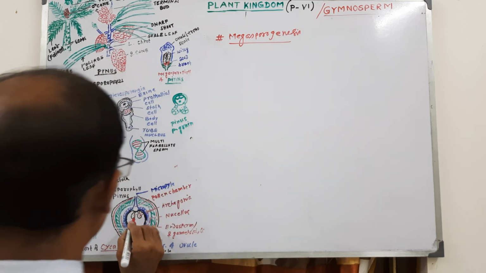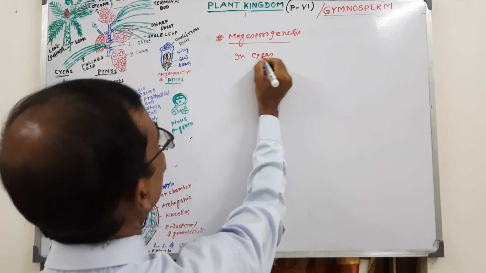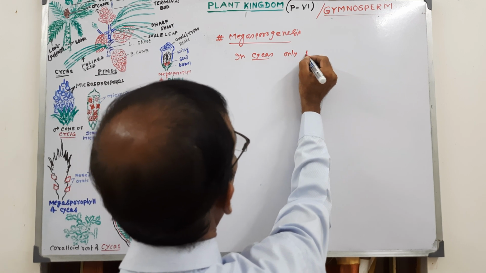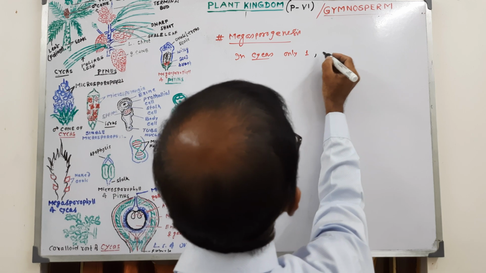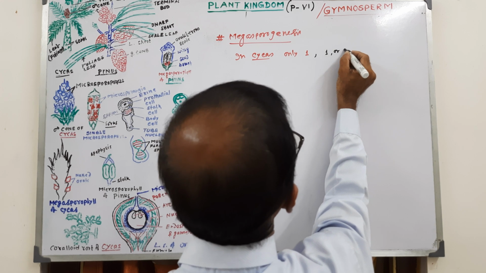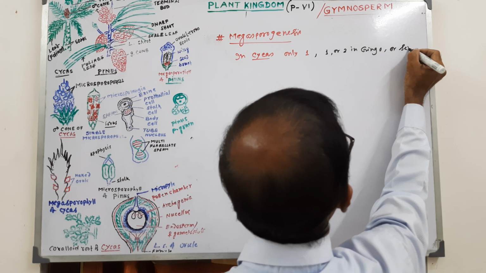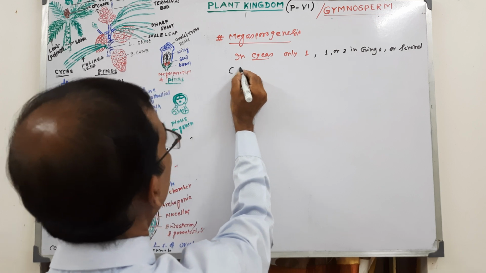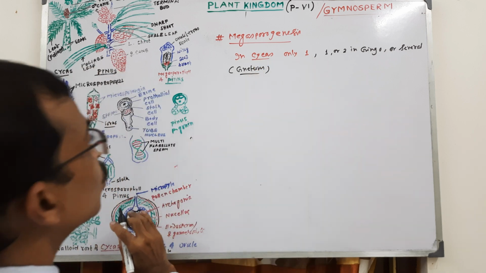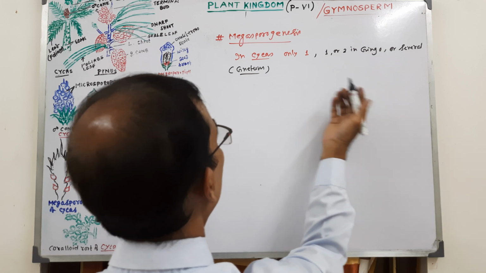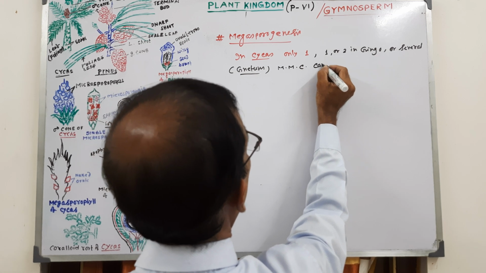In Cycas only one, in Ginkgo one or two, or several in Gnetum, that is, within the nucellus only one or two or several megaspore mother cells can differentiate.